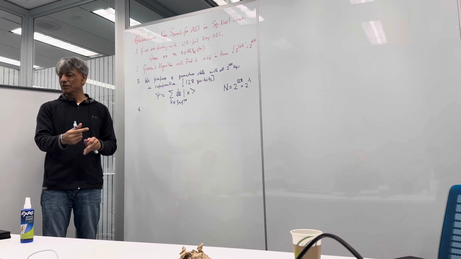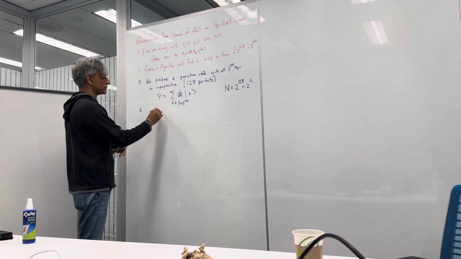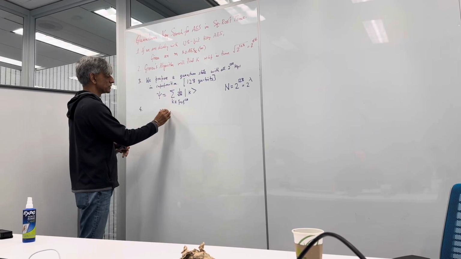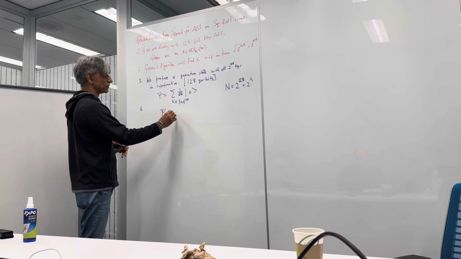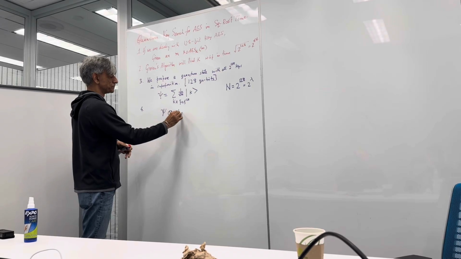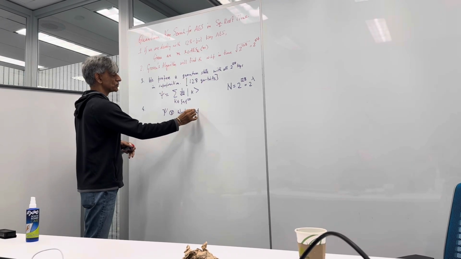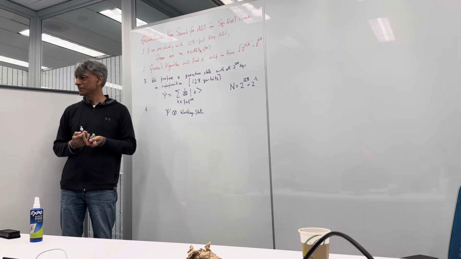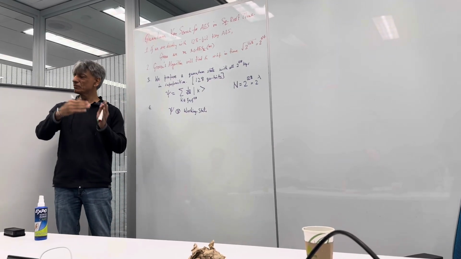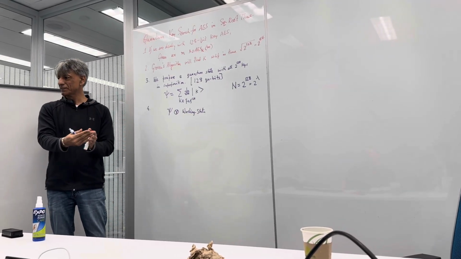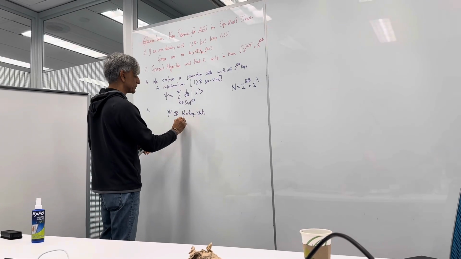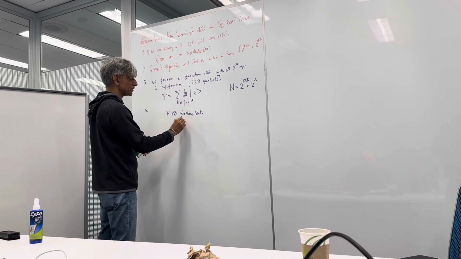So for example, we will have this tensor product with a working state, howsoever many qubits that we need. Okay, so these are additional qubits, or ancillary qubits.